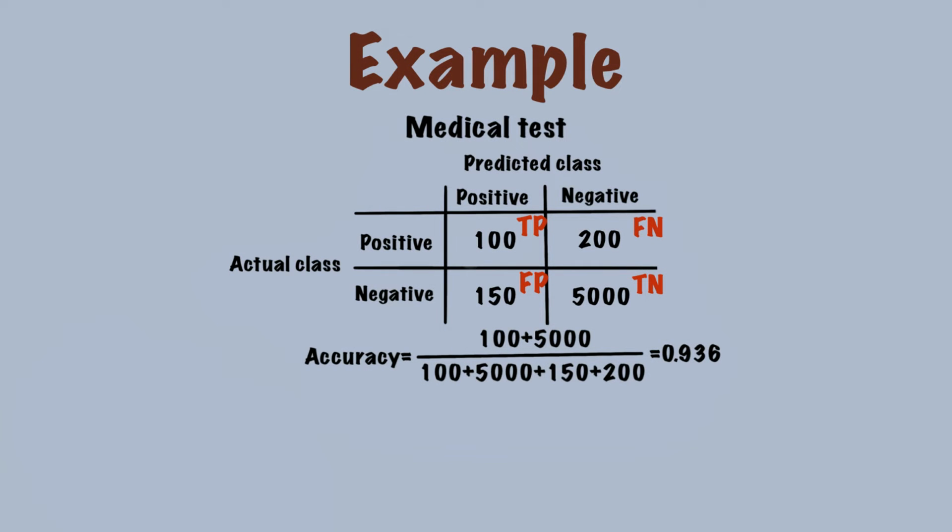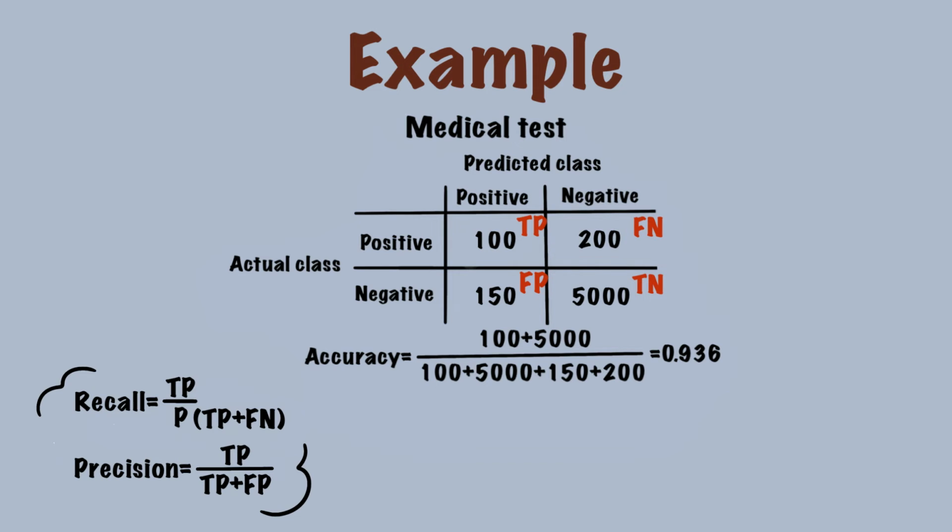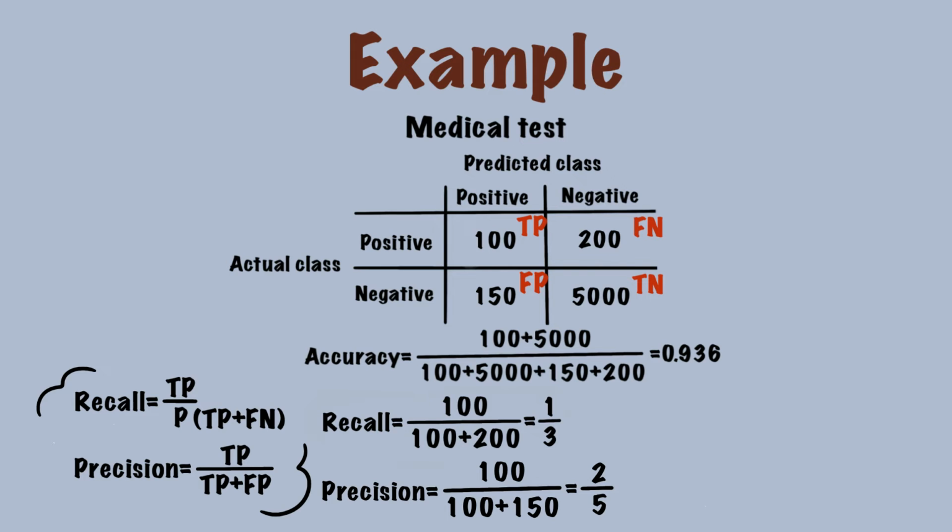Alright, let's look at an example. If you remember, we used this example multiple times before, and the accuracy for this model is 0.938. We want to find the recall and the precision, and basically, we just follow the formulas and plug in the numbers. So, recall is TP divided by P, which turns out to be 1/3, and precision is TP divided by TP plus FP, which is 2/5.